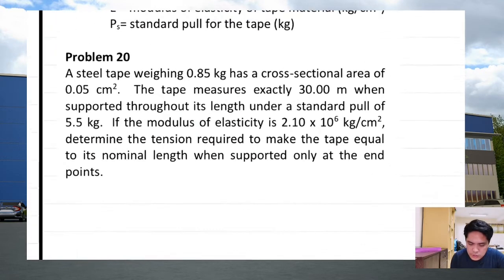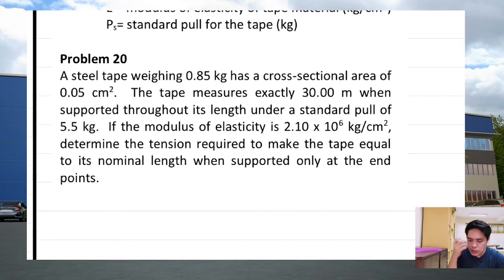Okay, let's try to answer number 20. A steel tape weighing 0.85 kilogram has a cross-sectional area of 0.05 square centimeter. The tape measures exactly 30 meters when supported throughout its length under a standard pull of 5.5 kilograms.